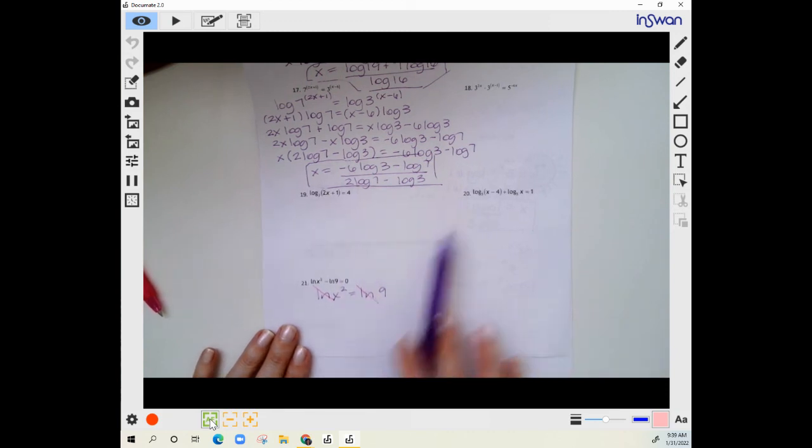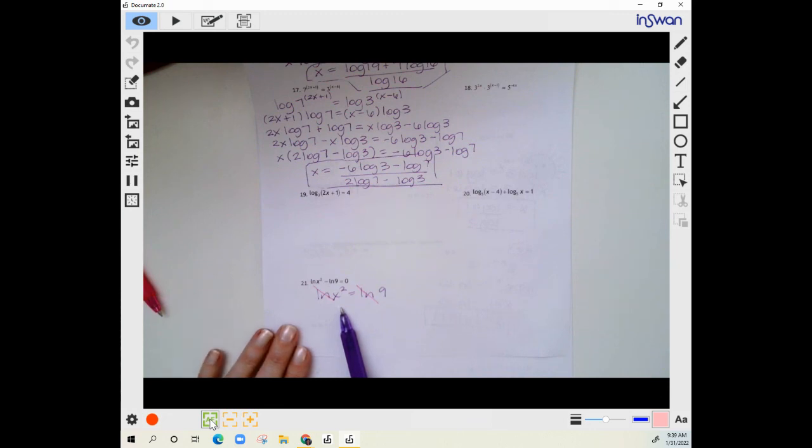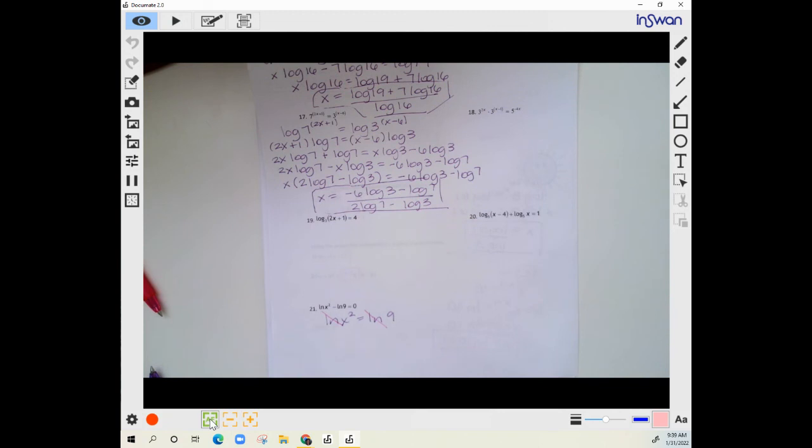Again, remember with a logarithmic equation, you have to make sure that you don't have an extraneous solution, which would mean that an answer that you get, if you plug it back into the log equation, the value next to the log can't be negative, and it can't be 0, so it has to be greater than 0. So you do want to check that.